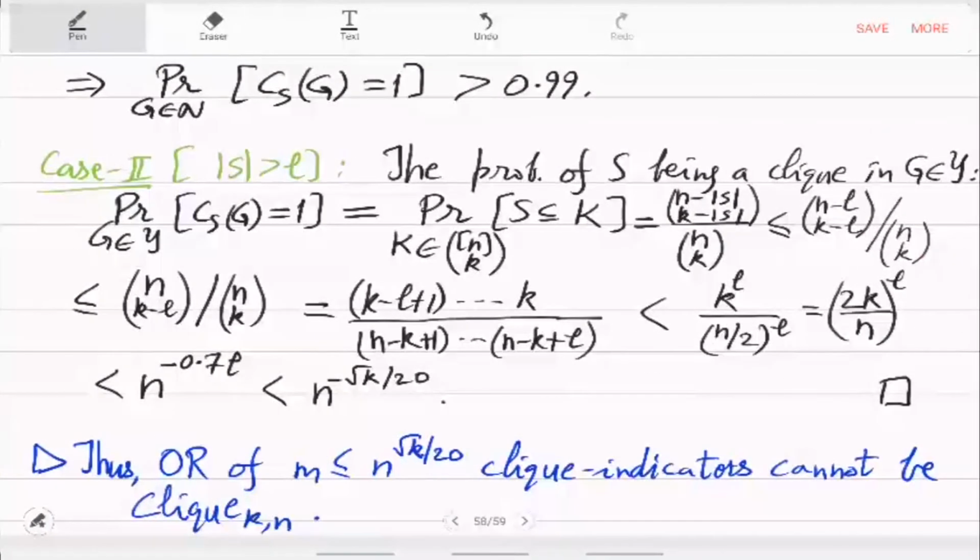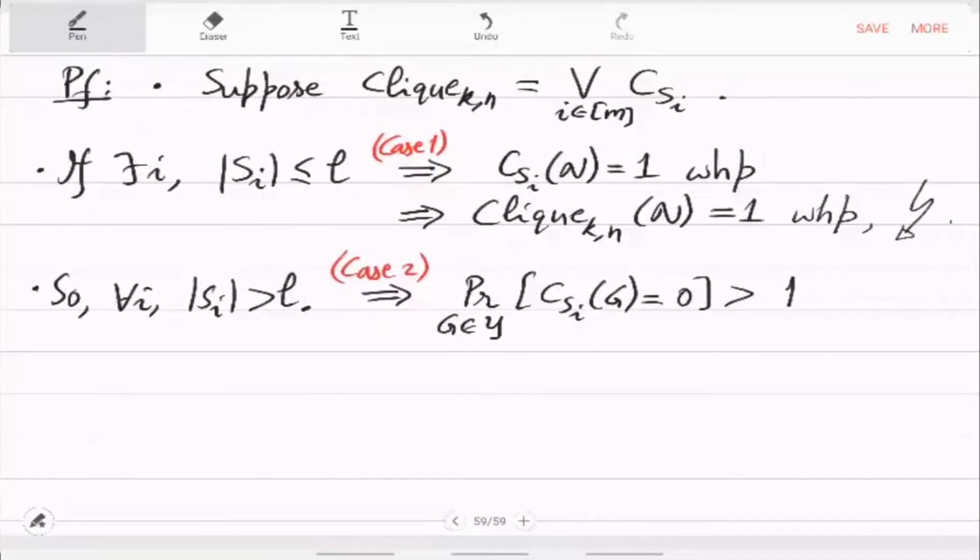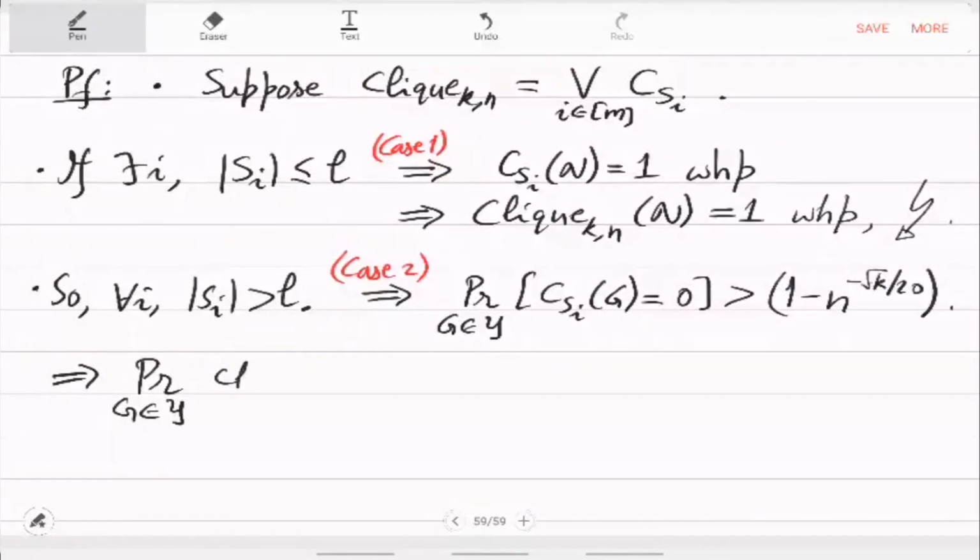So we had 1 minus n to the minus root k by 20, that's the probability, which means the probability on these graphs of your indicator being 0.